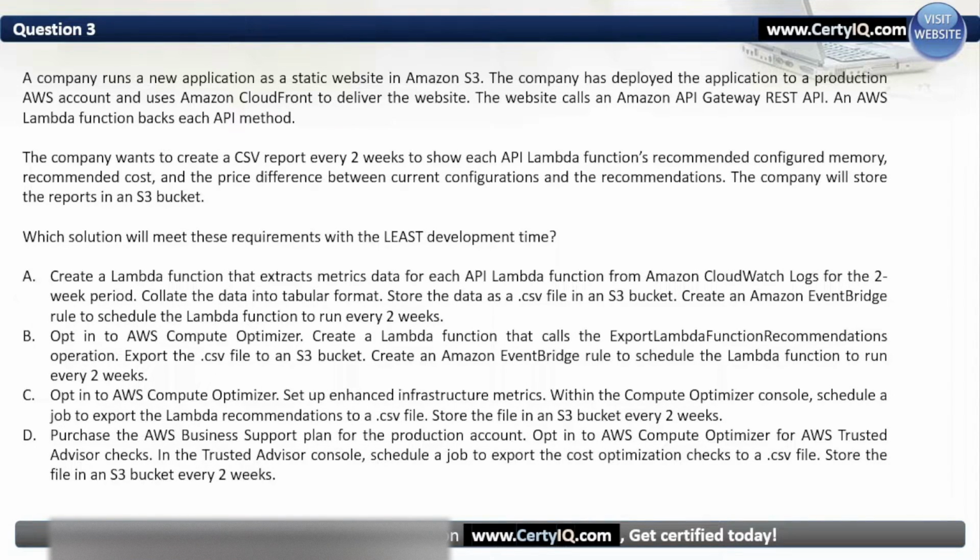The company wants to create a CSV report every 2 weeks to show each API Lambda function's recommended configured memory, recommended cost, and the price difference between current configurations and the recommendations. The company will store the reports in an S3 bucket. Which solution will meet these requirements with the least development time?